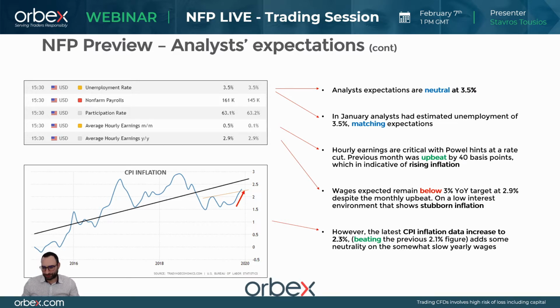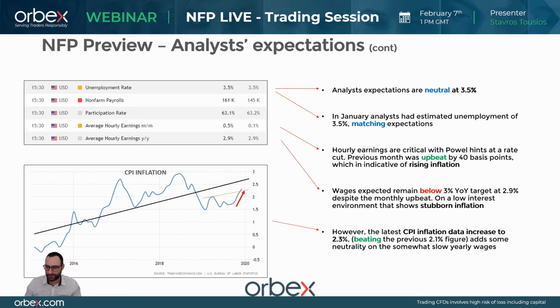Now, I want to actually mention something else as well. Despite the fact that average hourly earnings on a year-on-year basis remained at 2.9, we have the CPI inflation increasing from 2.1 to 2.3. The expectations were at 2.3, but I'm not really thinking of that as a miss, to be honest, or as anything other than quite neutral, because the idea behind low interest rates is to have inflation increasing.